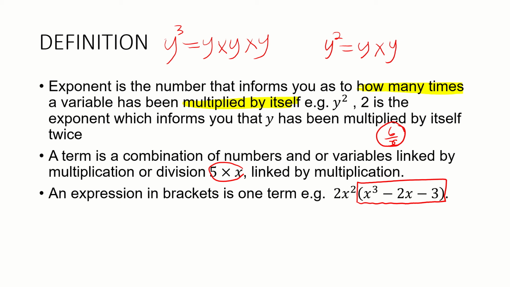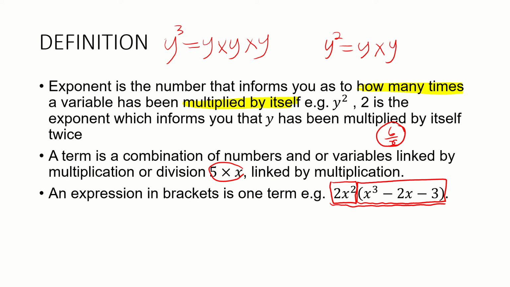But inside the bracket, I've got 3 terms, which is x cubed minus 2x minus 3. But because I've got them enclosed by a bracket, there will be one term. And then because that bracket is multiplied with 2x squared, this whole expression becomes one term.